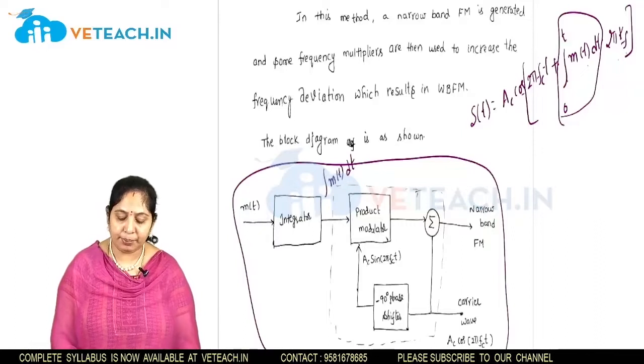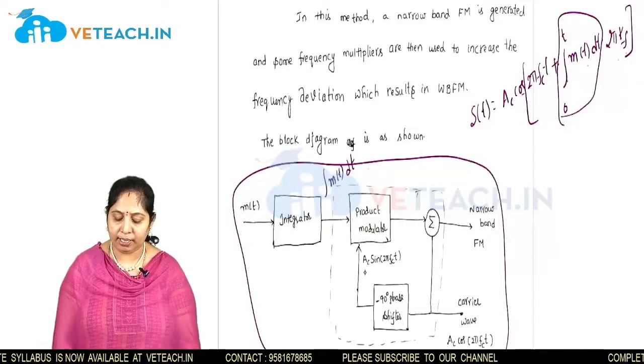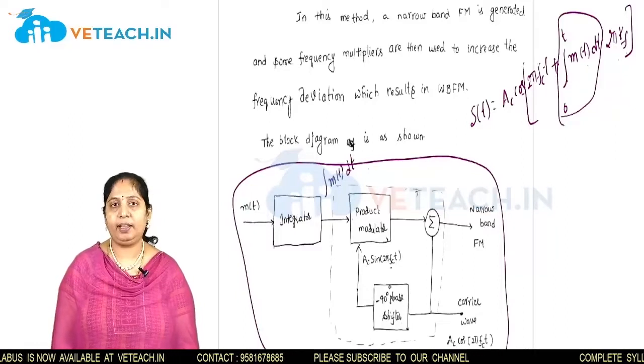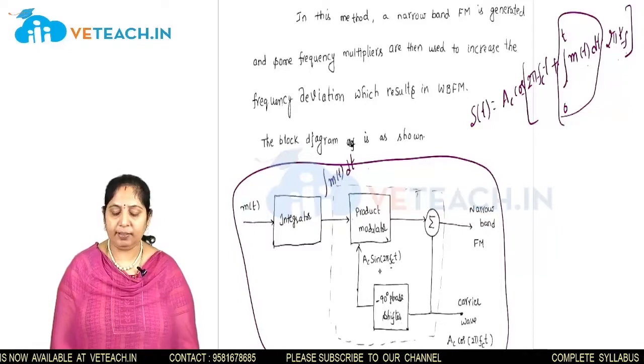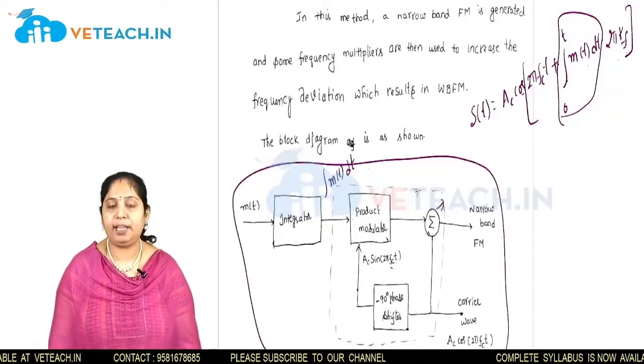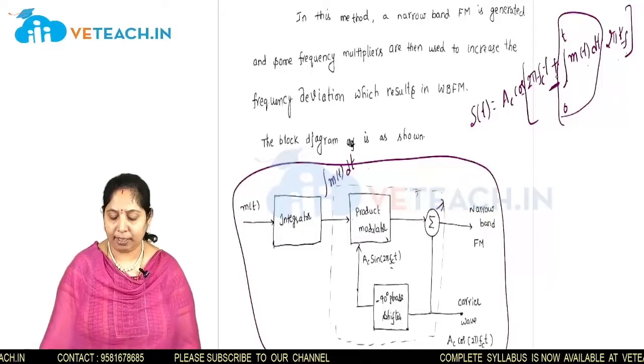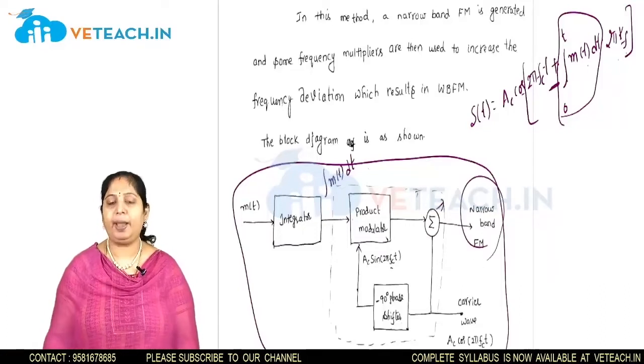One input to this product modulator is the integral of m(t) dt, and the other input is the carrier signal Ac with a 90 degree phase shift, Ac sin 2 pi fc t. These two are summed. Here we have the summation, so finally we get this narrow band FM.